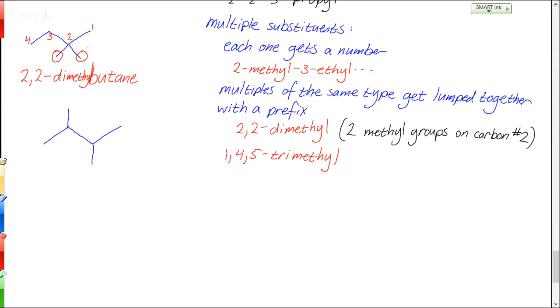So what you want to do is write down, number the chain, find the main one, write its name, and then put the substituents how you think they should be.